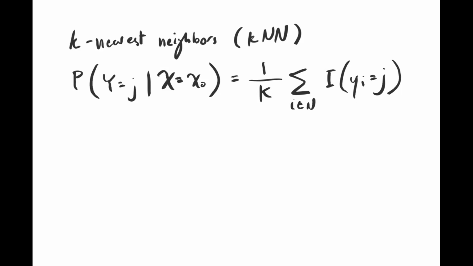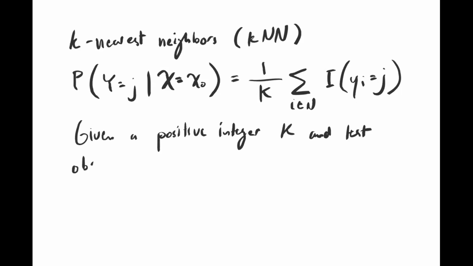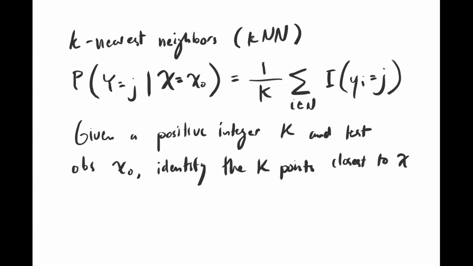Okay, so in English: if I'm given a positive integer k and a test observation x0, what you want to do is identify the k points closest to x0, which is represented by n0.